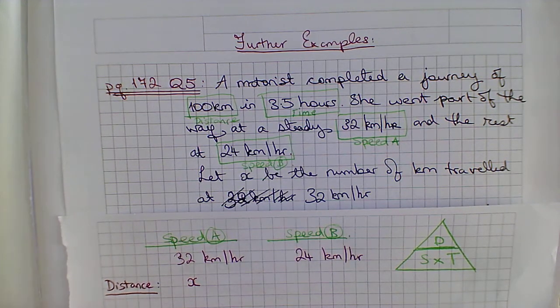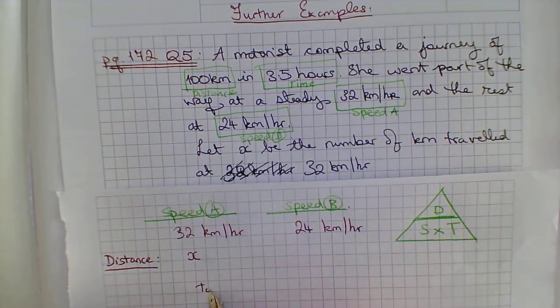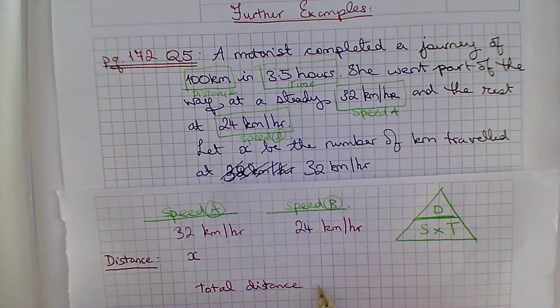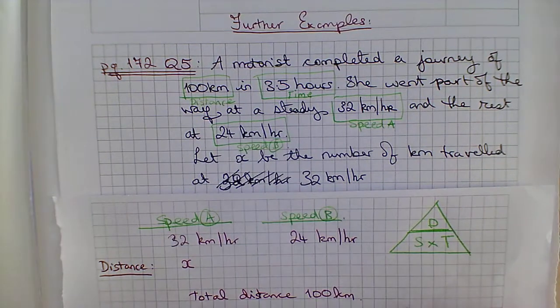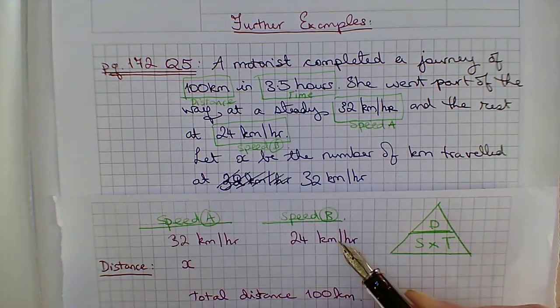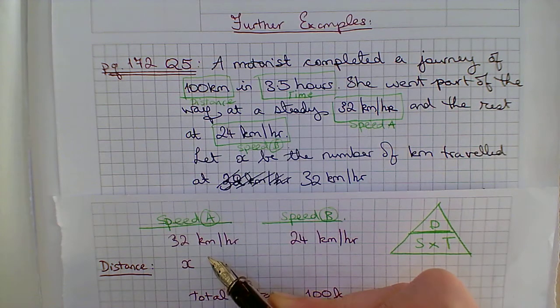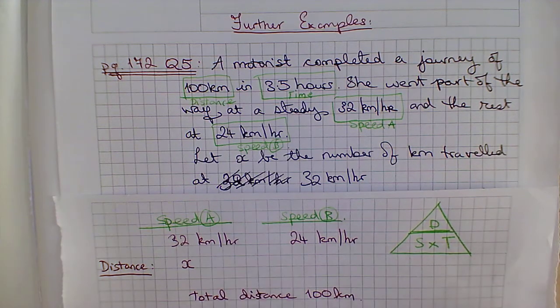Well, I know that my total distance is going to add up. So the total distance is 100 kilometers. Where do I know that from? It's in the question. So if I traveled 10 kilometers at speed A, I'd have to travel 90 at speed B. If I traveled 50 at speed A, then 50 at speed B. 60 at speed A, 40 at speed B, etc., etc. So these two have to add together to give me 100.